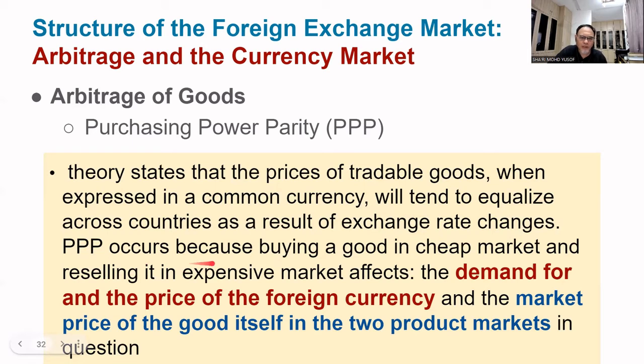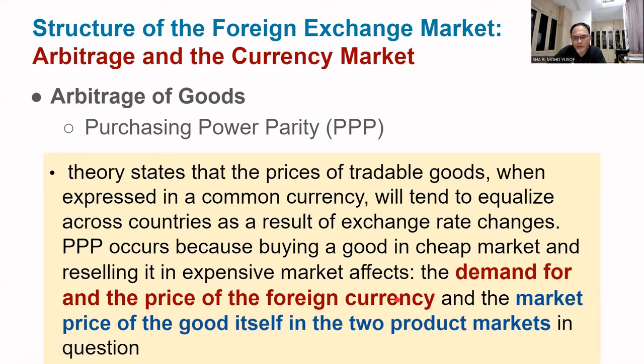So PPP will occur because buying a product in a cheap market and reselling it in an expensive market will theoretically affect the demand for the currency and the price of the currency, as well as the market price of the good itself in the two product markets.